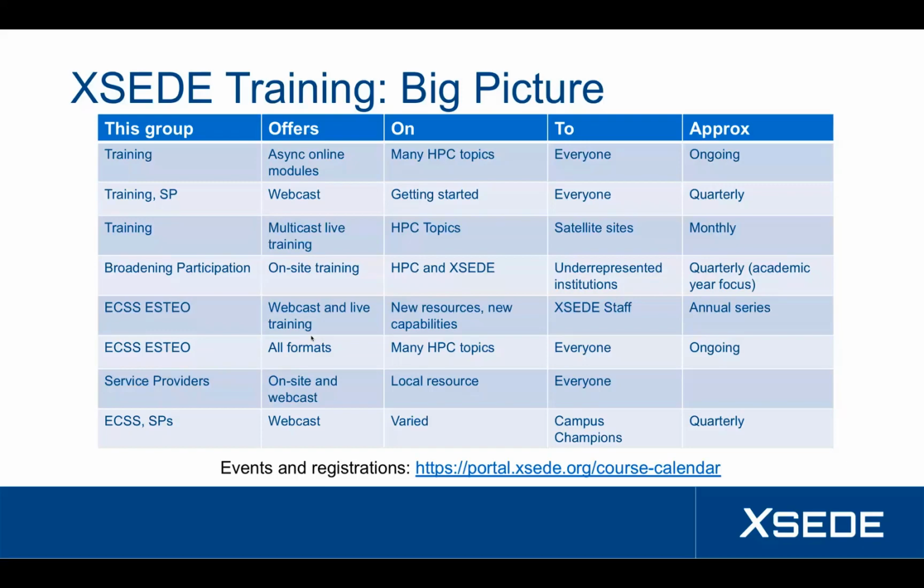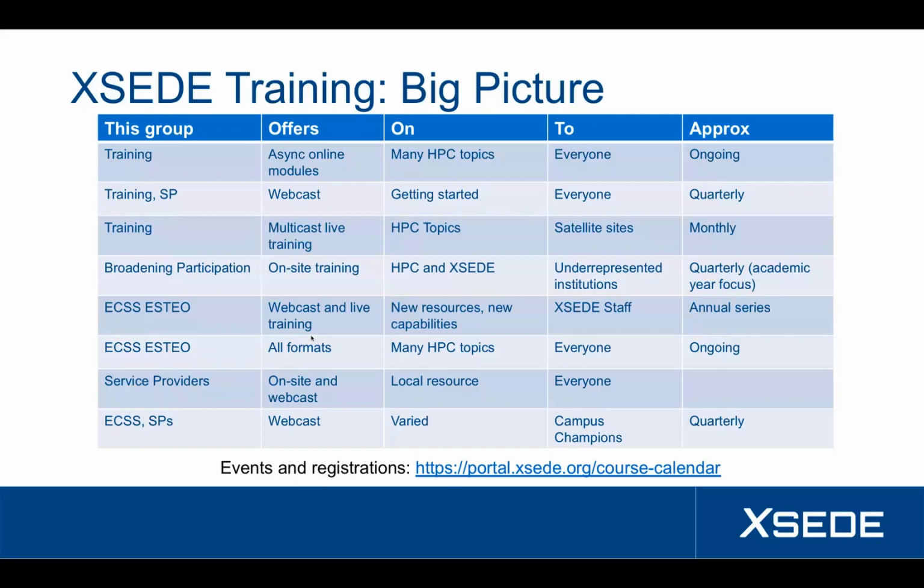Within ECSS, there's a group called ECO, Extended Support, Training, Education, and Outreach, and they do webcasts, and they also contribute to live training events and participate in a summer international workshop, and they also do staff training. The service providers. Three slides ago, I showed that there are resources from many institutions, and most, if not all of them, also provide training.